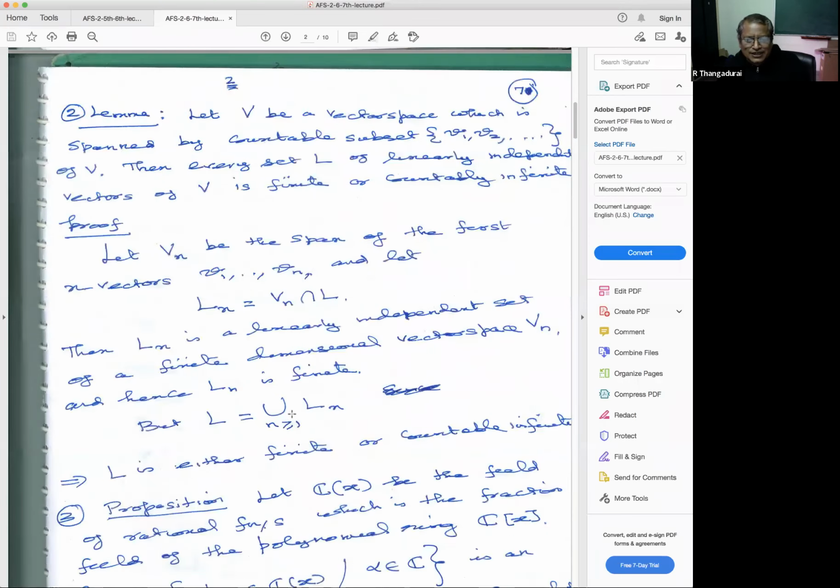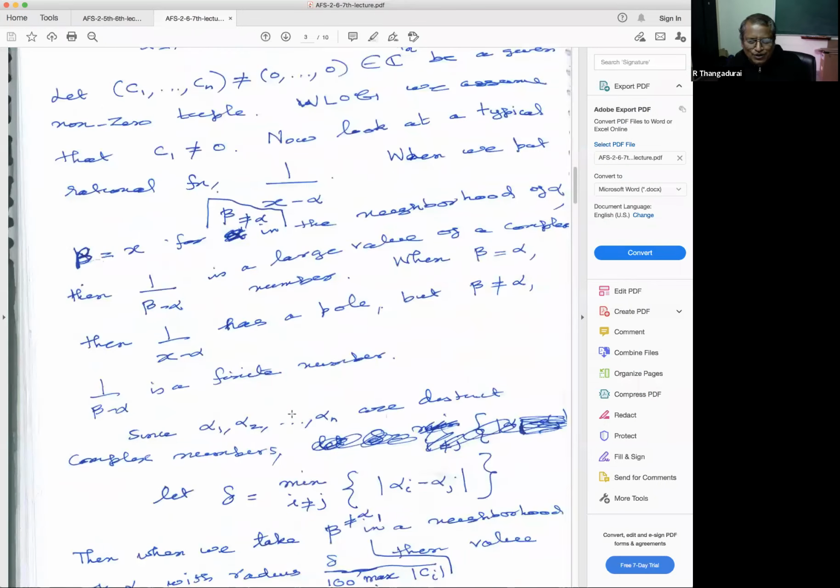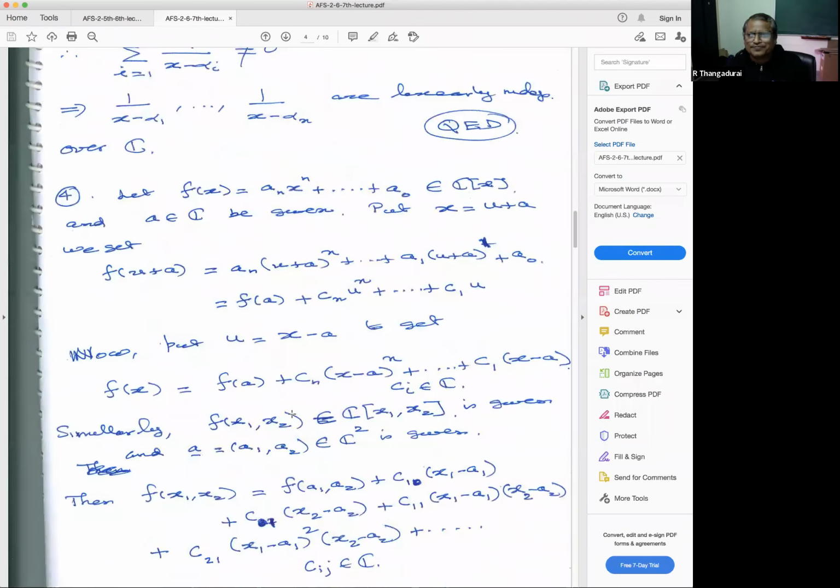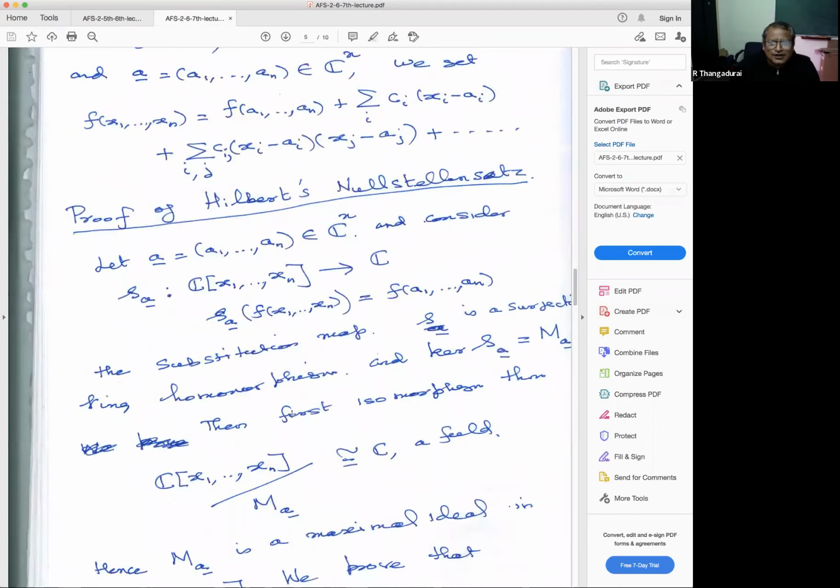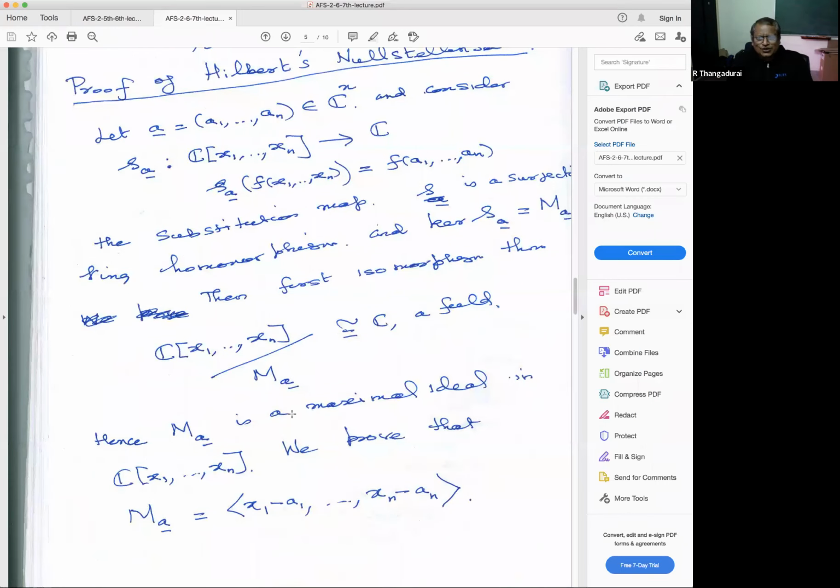We start the proof, and again we have to come back next class. First, what all we have to prove? Given a point, I can think of the substitution homomorphism from the polynomial ring to C, and I look at the kernel.